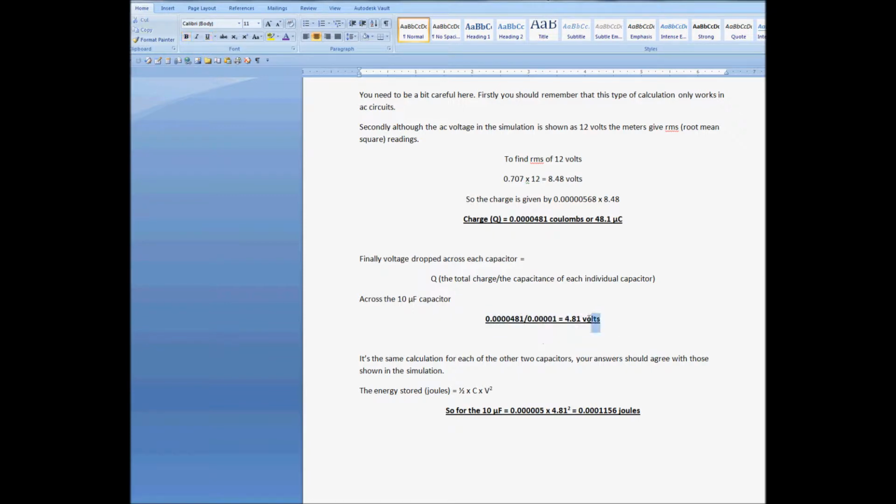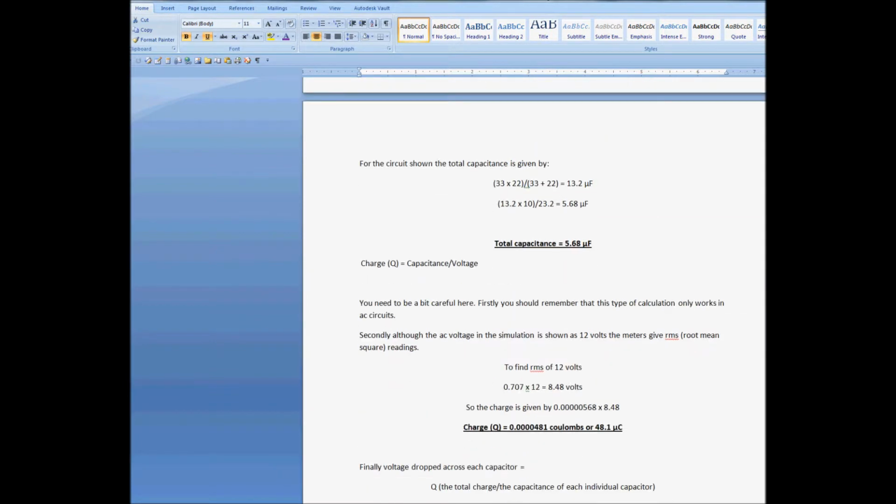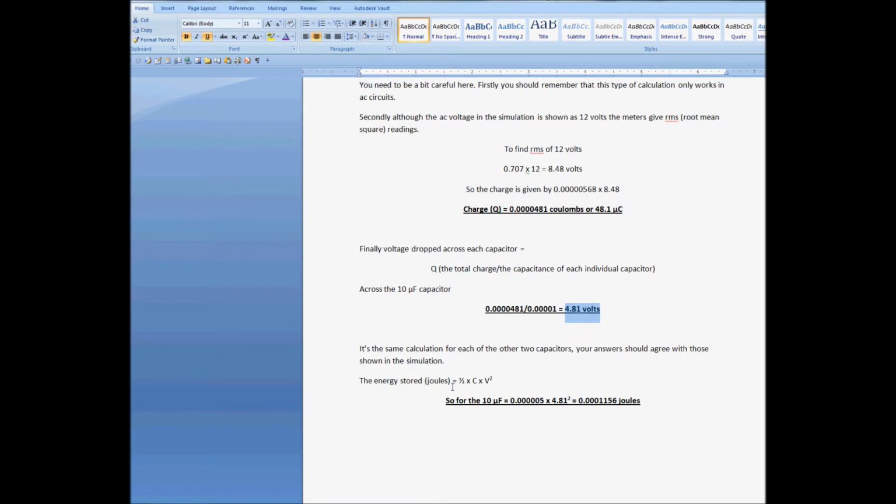And you come out with 4.81 volts. Now this 4.81 volts is akin to this. I did a little bit of rounding up, but that's what it is. Same calculation for the other two capacitors, and your answer should broadly agree with those shown in the simulation.